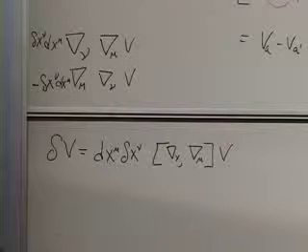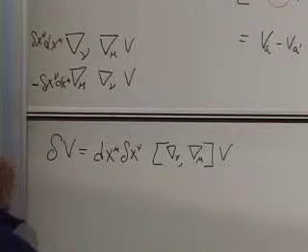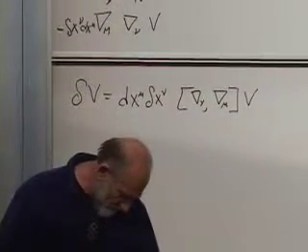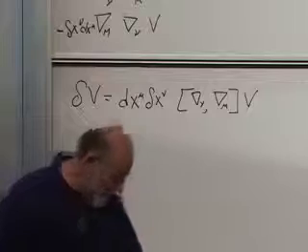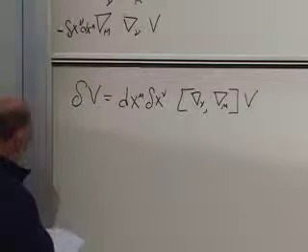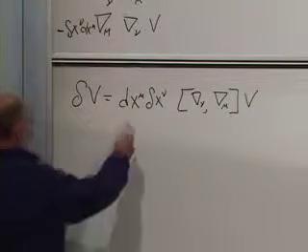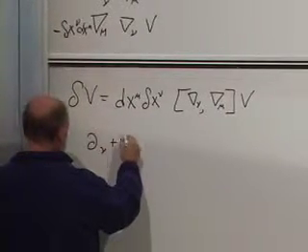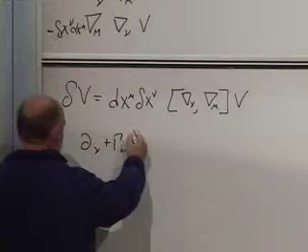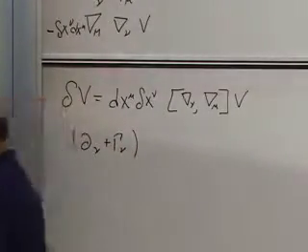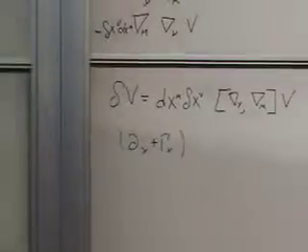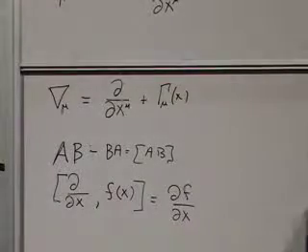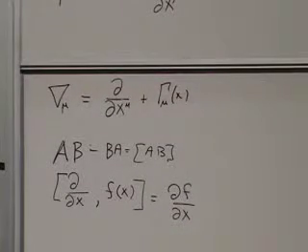Okay, so let's write them down. We're interested in, let's write out the expression. Writing it out explicitly, it's d nu plus gamma nu, that's del nu. Del mu is just derivative plus multiplication by gamma. And remember, gamma is a matrix, or a set of matrices.